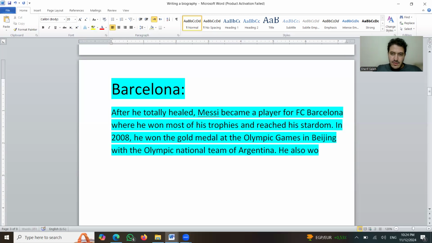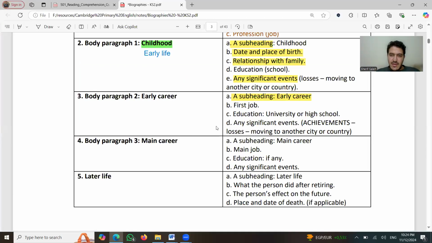He also won the Spanish league title several times. So this is about his career in Barcelona, but partially. After that, we can simply speak about his... So according to the plan here, it says the main job or education, any significant events, but here we'll add the achievements.